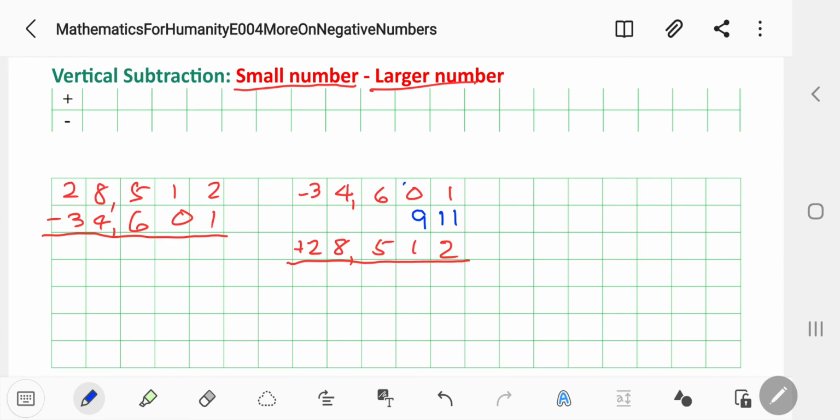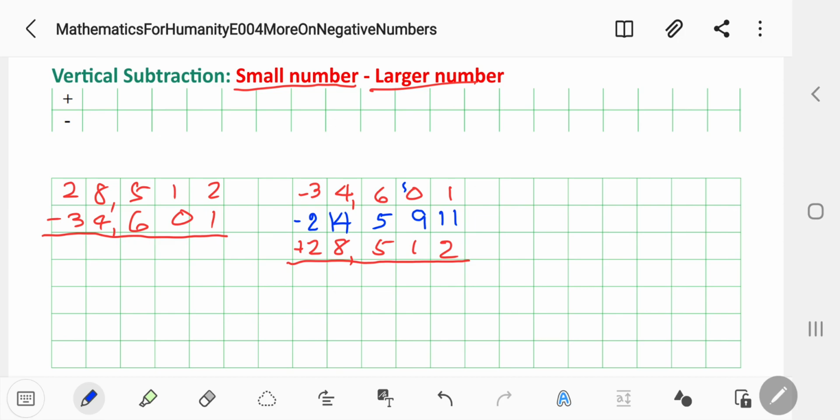So if you borrowed 1 from here, this becomes 5, and the 10 becomes 9. So 5 is equal to 5, so you don't have to borrow 10, so you can bring down the 4 here, but 4 is less than 8, so you have to borrow 10, and then the 3 here becomes 2.